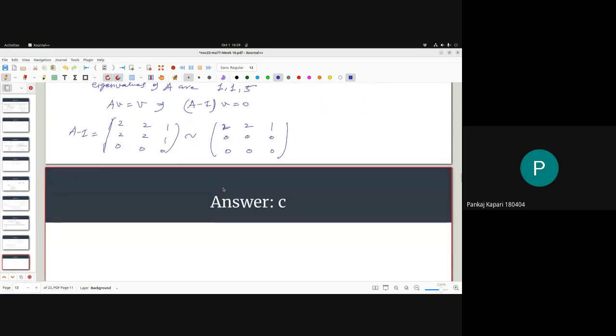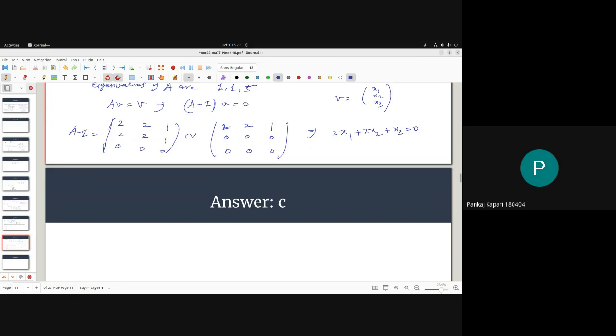This implies that if your vector is, let's write x1, x2, and x3, then this says that 2 times x1 plus 2 times x2 plus x3 must be 0.